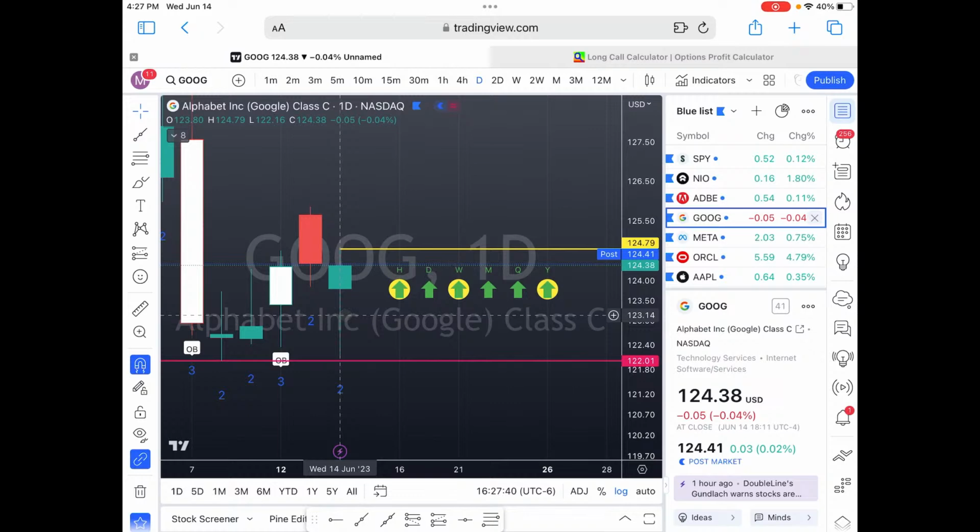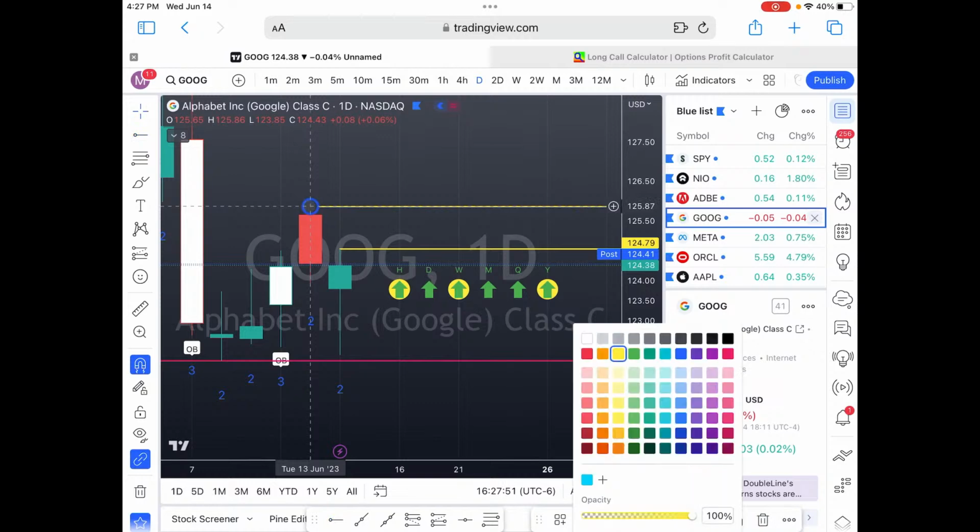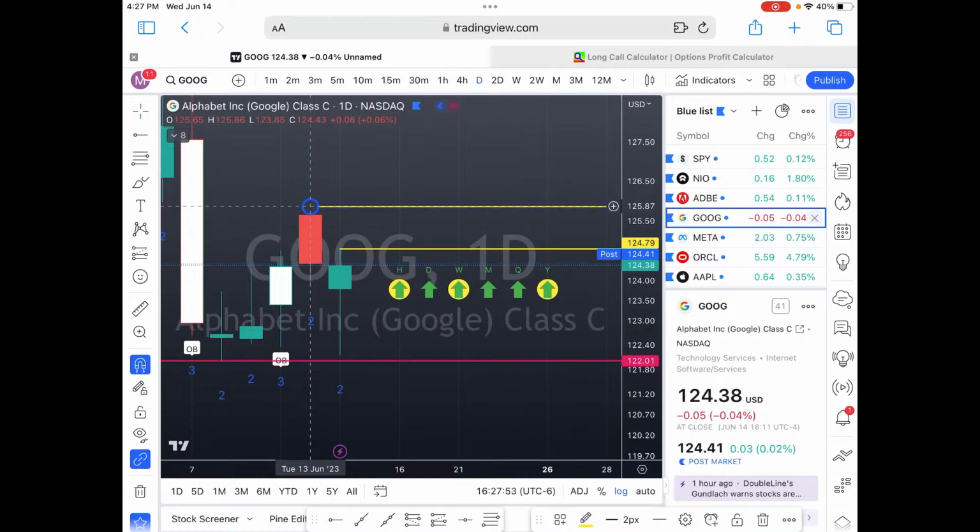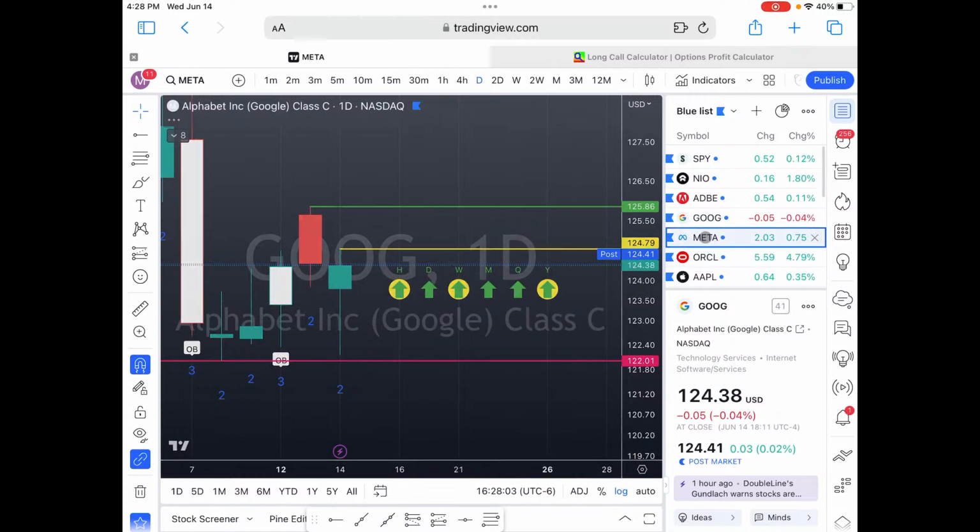That tells me there's a higher probability of this play trending back to the upside when Thursday opens up. Okay, so I'm just going to do this, and I'm going to mark out the target with you guys. That is the first target. Okay, just like that. And again, you notice we have this time frame continuity in our favor on Google. So we can look for calls there at 124.79.